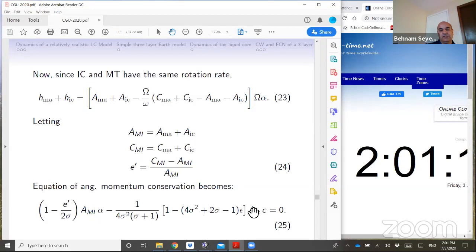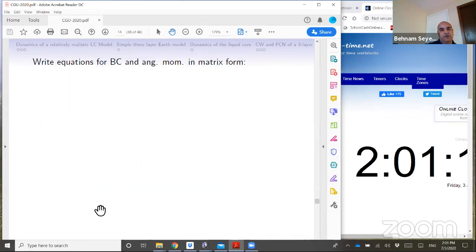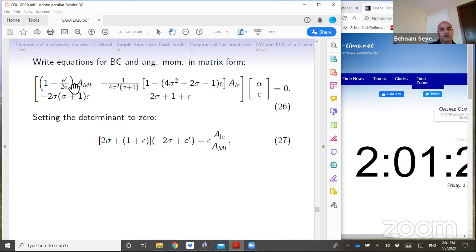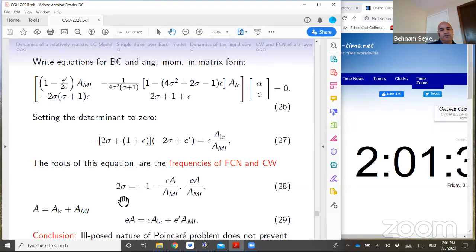and you can see that you have alpha and C in this equation. We put these together in an algebraic equation, and for solutions, the determinant of this equation has to vanish, and that's what we get for the determinant. If we solve for that, you can see that we get a solution for free core nutation and for Chandler wobble of the body.